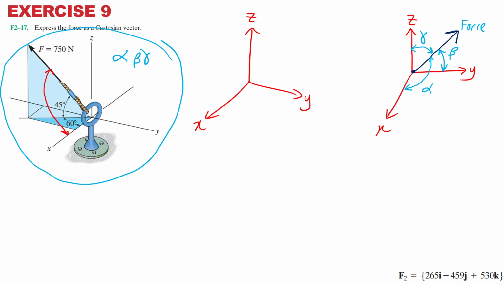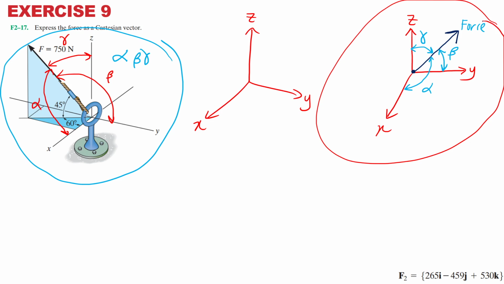This one will be alpha, but now this is not the case anymore. And this one would be beta, which is not the case anymore. And obviously, not this one also. This one will be gamma. So it is slightly different. We are no longer using this method, alpha, beta, gamma. We are using a slightly different method.